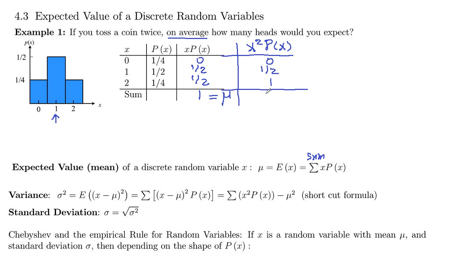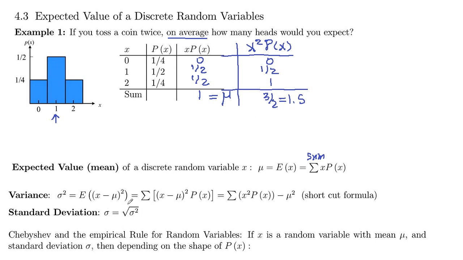If you add those up, you get 3/2 or 1.5. That is the sum of x squared times p of x, and we can show that if you sum up x squared times the probability and subtract off the mean squared, it's the shortcut formula for the variation, which is the deviation squared times the probability. We're using the shortcut formula, so we're figuring this part right now.